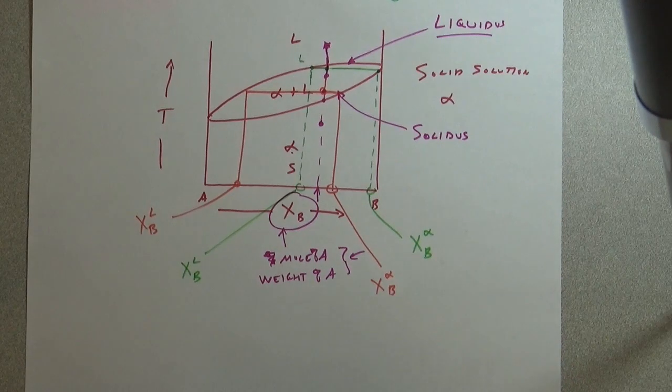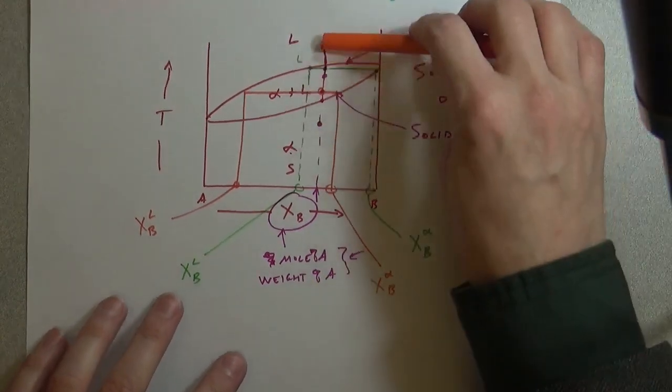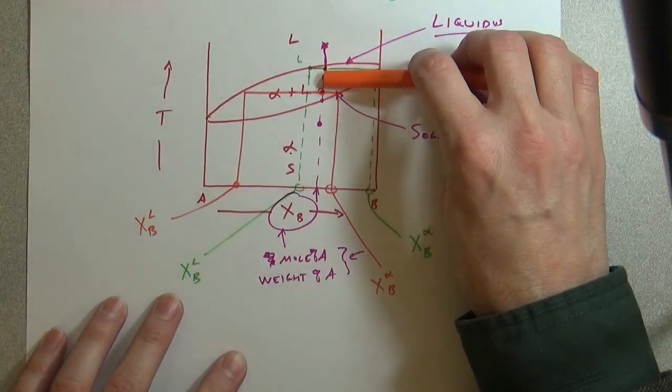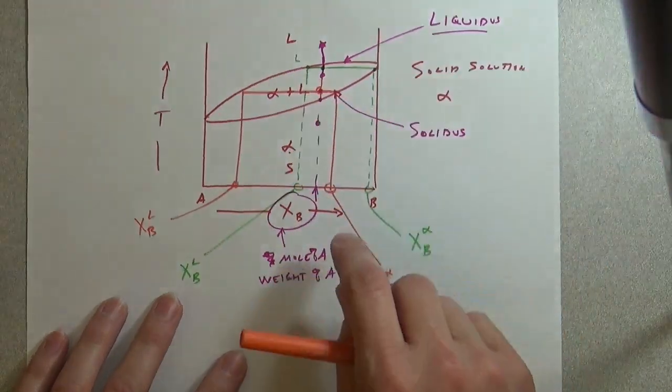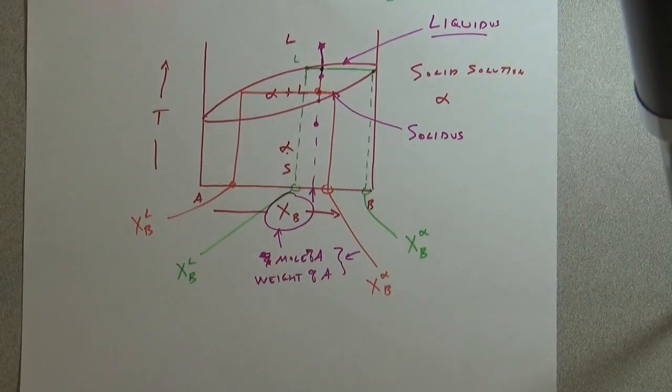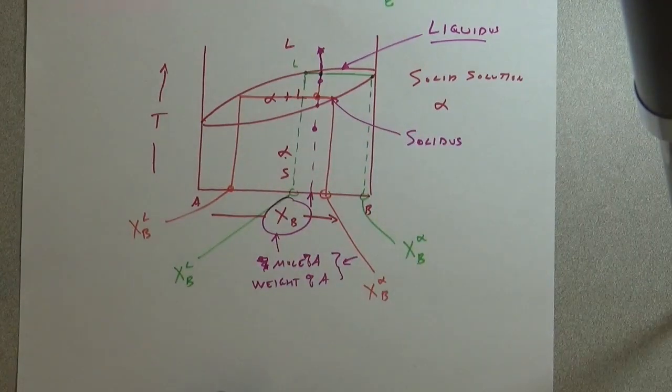So as we cool our system through this two-phase region, the composition of the alpha and the composition of the liquid change. So that's one thing that we can do with this type of phase diagram.